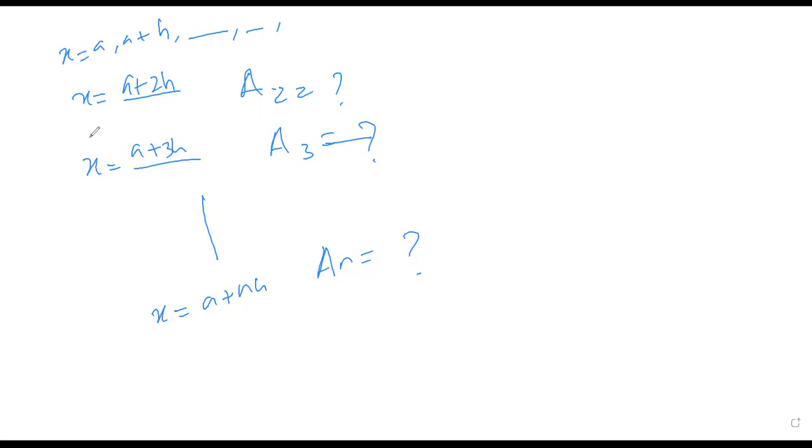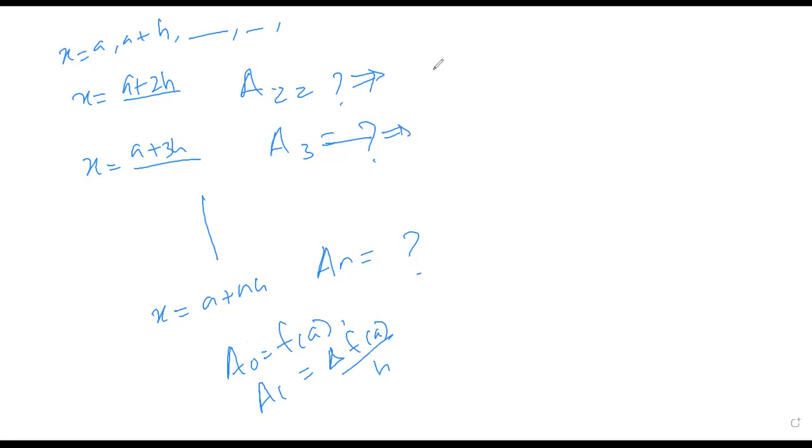We already found a naught is equal to f of a, so you can substitute this one also. A1 is equal to delta fa divided by h. So why silent? Can you find the a2?